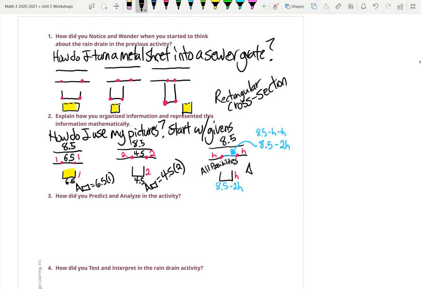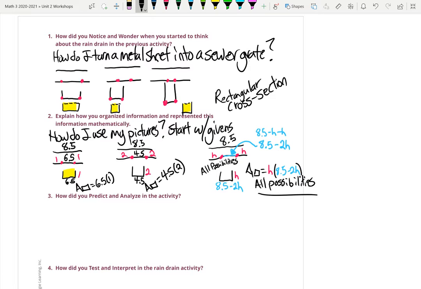The area of this rectangle would be my height times 8.5 minus 2h. This represents all possibilities. Okay.